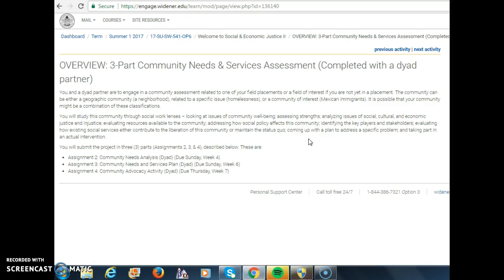Then for assignments 2, 3, and 4, you're going to be studying this community through social work lenses. So you're going to be looking at issues of community well-being. You're going to be assessing strengths of the community, analyzing issues of social, cultural, and economic justice and injustice, evaluating the resources available to the community, addressing how social policy affects the community, identifying the key players and stakeholders in the community, evaluating how existing social services either contribute to the liberation of the community or maybe maintain the status quo or even oppress the community.